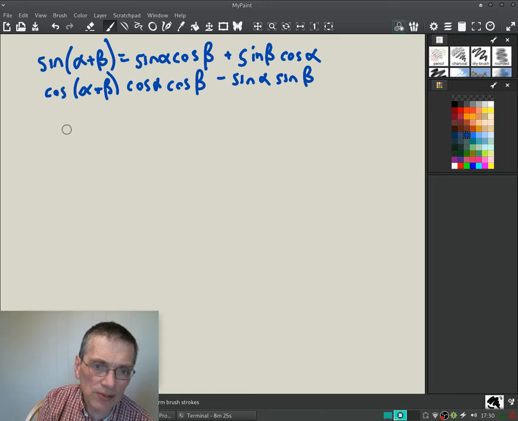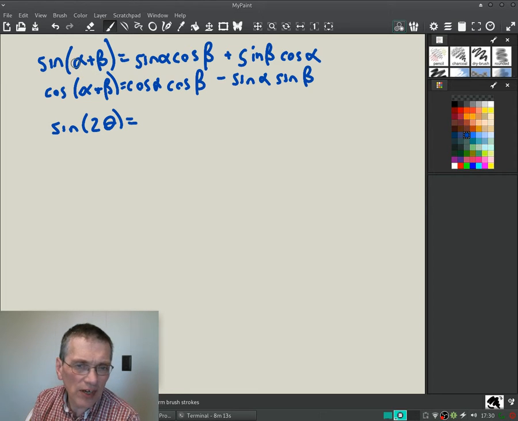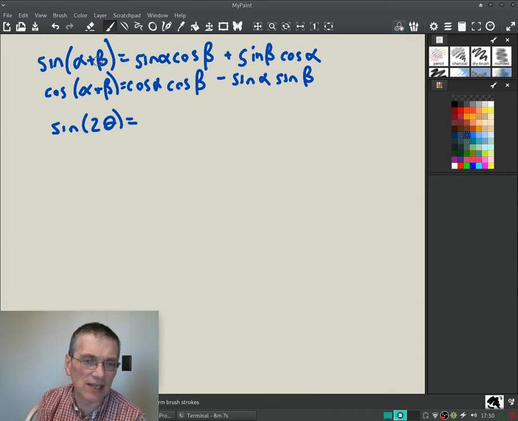So what about if we wanted to find the sine of 2 theta? Well, you can probably see already, what if alpha was theta and beta was theta? Then we could just have sine of theta plus theta, which is sine of 2 theta.